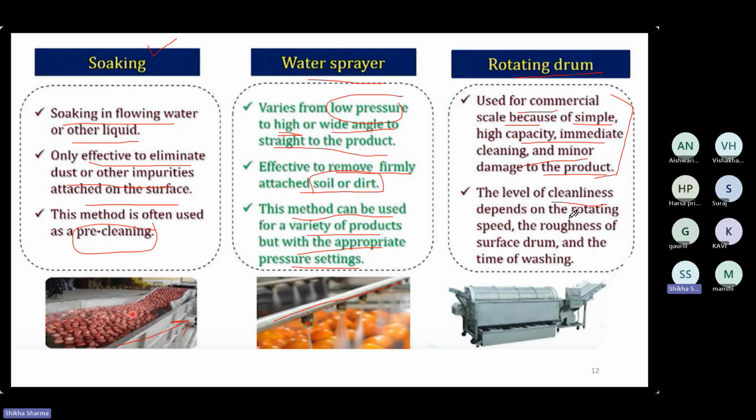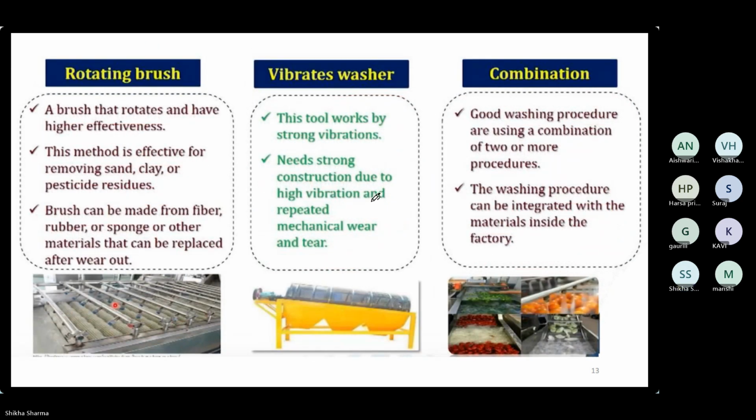The level of cleanliness depends on the rotating drum speed, the roughness of the drum surface, and the time of washing. Washing depends on the rotating speed of the drum, the roughness of the surface of the drum, and how much time we are taking for washing.